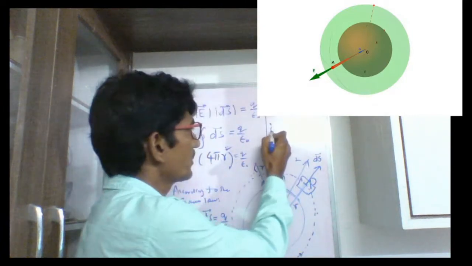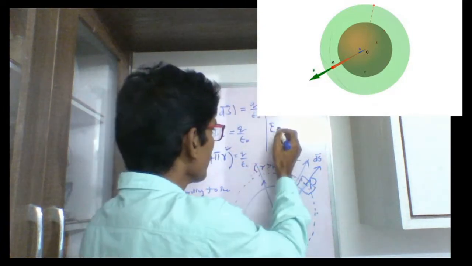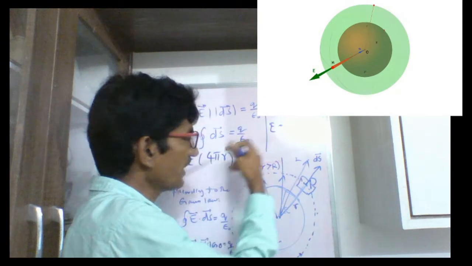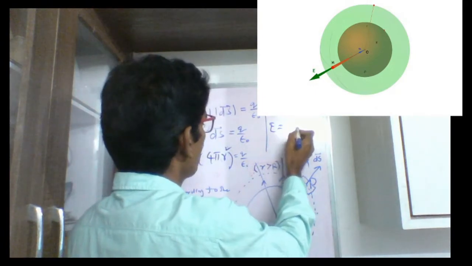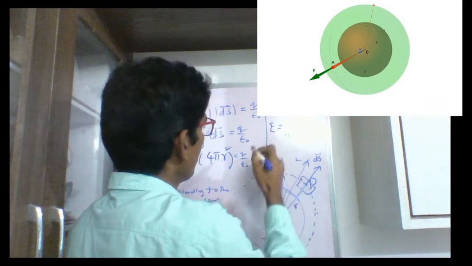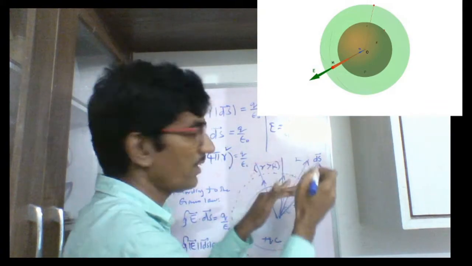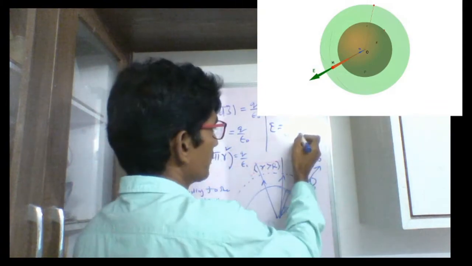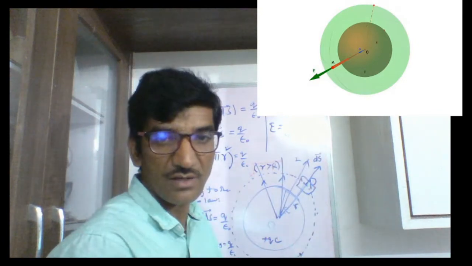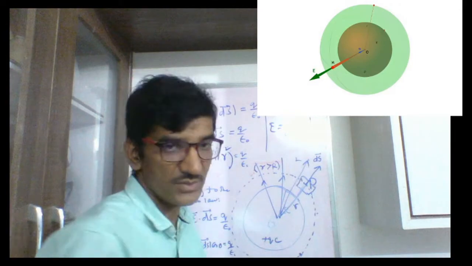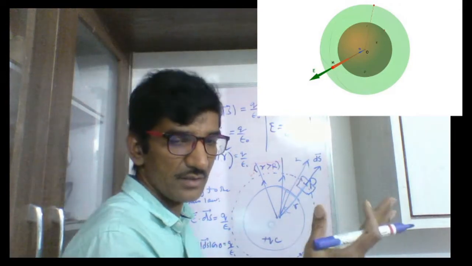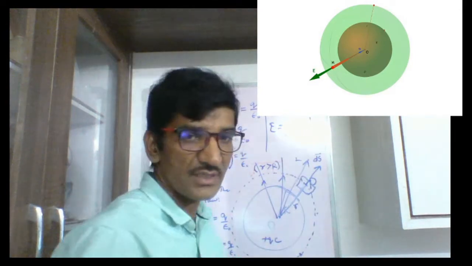E is equal to, if you take 4 pi r square to this side, then you get 1 by 4 pi epsilon naught, and here 1 by r square. I am pulling out that r square.